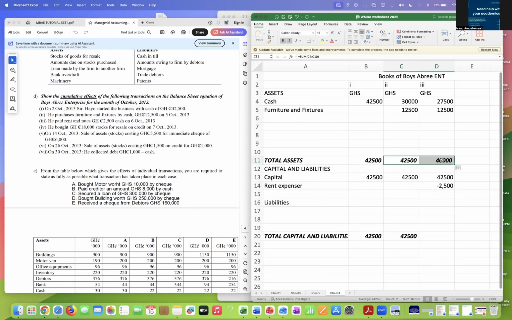This 40,000 that we have generated here should be the same as the total for capital and liability. So that's the addition of our capital plus the rent. Note that rent here is an expense, so it's negative. Capital plus rent: 42,500 plus negative 2,500 gives us also 40,000. All right. Transaction 4.